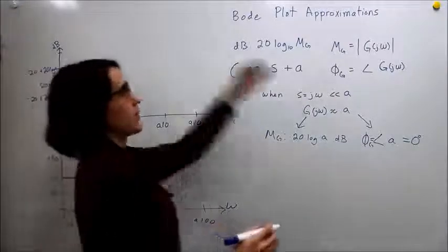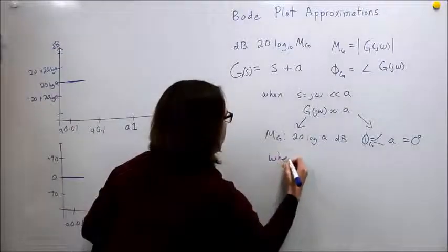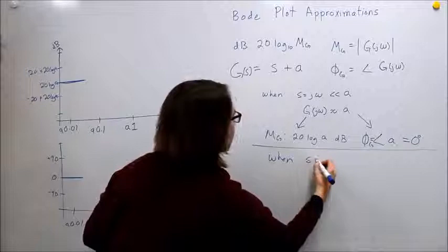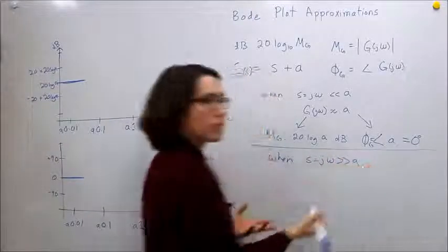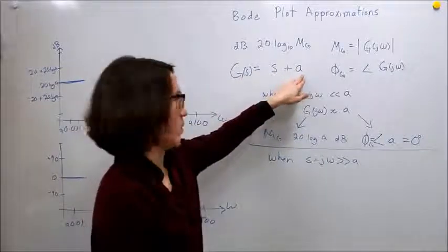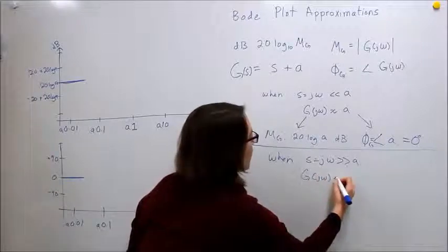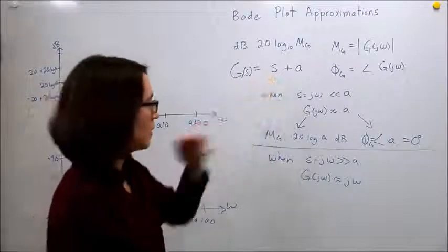So let's now jump over to the other side. Now let's say s equals j omega is much larger than a, right? So in this equation, if this is really large, the a kind of doesn't matter anymore. So our g of j omega will be approximately just j omega, so just the s here.